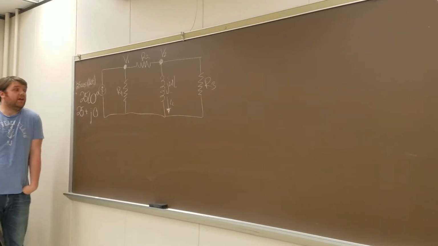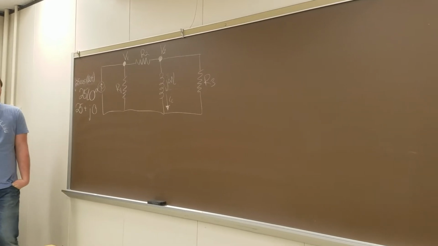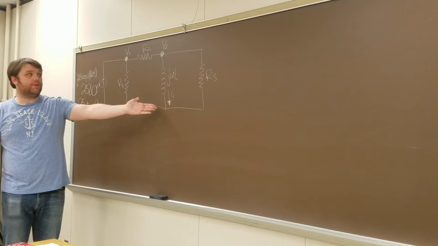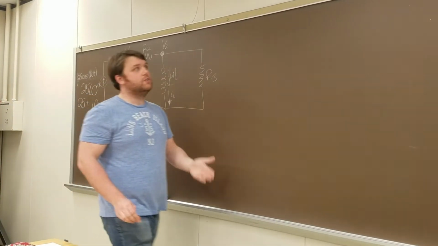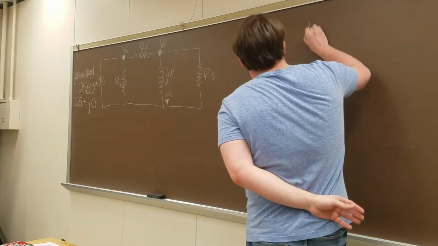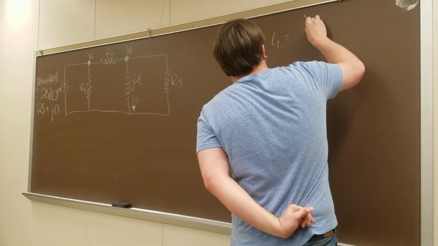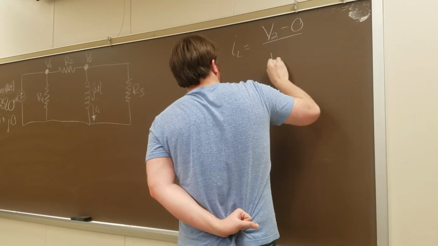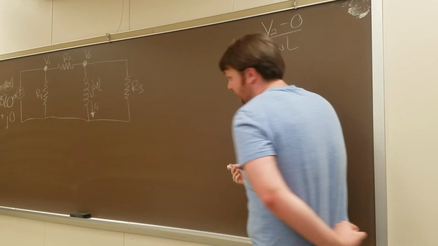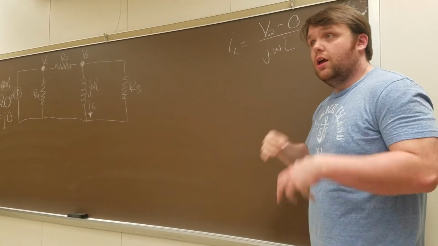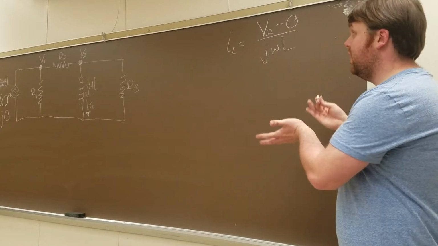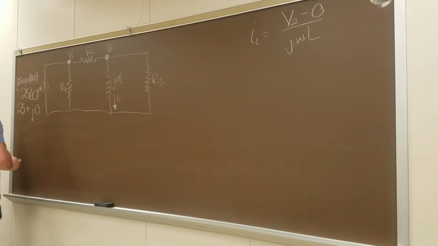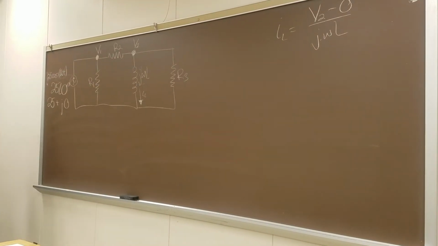Then I have a KCL problem here. If I'm wanting to figure out the current through L, my ultimate goal, my current through L would be equal to V2 minus ground over j omega L, right? V equals IR, we just rearrange these things. V equals I times Z, okay? So if I look at this problem, the next thing I do with any KCL problem is I draw my arrows.